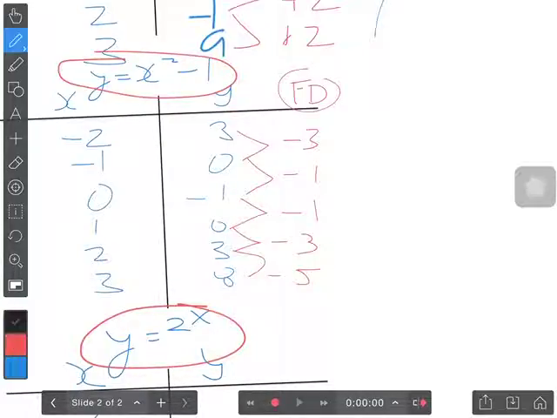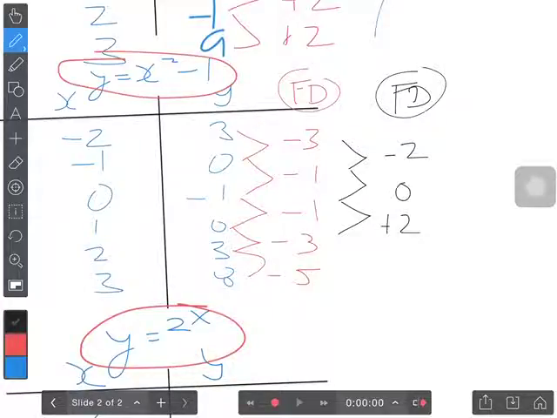So what we need to do is take a second first difference column. So negative 3, take away negative 1, so that's like adding, so that would be a negative 2, negative 1, subtract negative 1, 0, negative 1, subtract negative 3 would be plus 2, and negative 3 subtract negative 5 is plus 2.